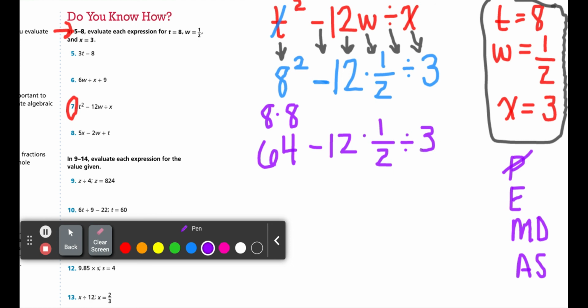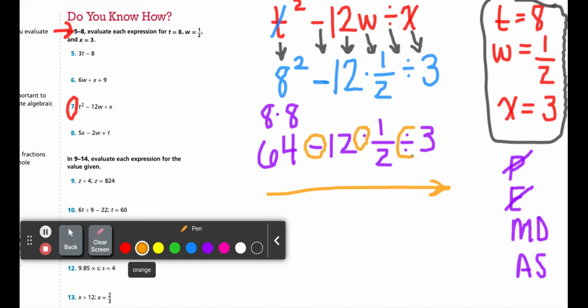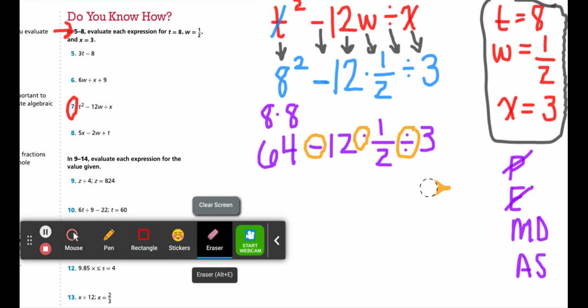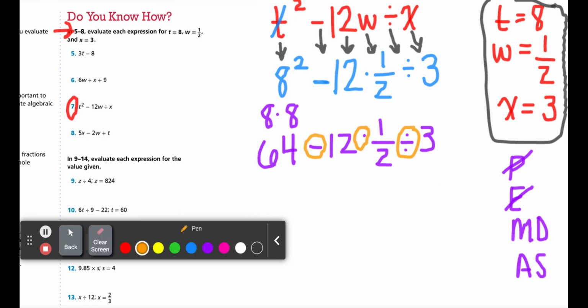Okay, I took care of my exponents. Done. Next step, multiplication or division from left to right. Remember that means we're reading from left to right. So I see a subtraction, I see a multiplication, I see a division. What's our next step? Next step, we're going to be multiplying 12 times 1/2.